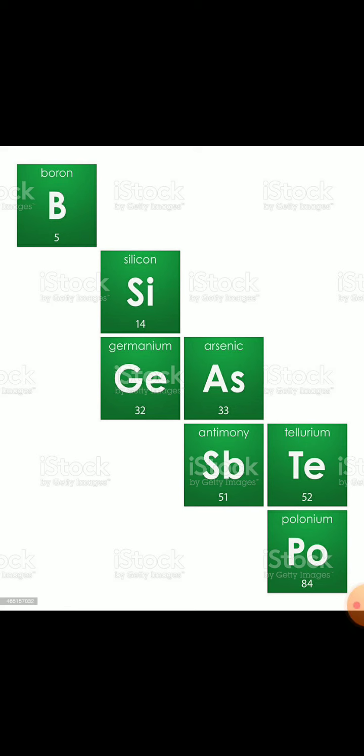Boron, silicon, germanium, arsenic, antimony, tellurium, and polonium. These are said to be metalloids or semi-metals because these elements possess properties of metals also and non-metals also.